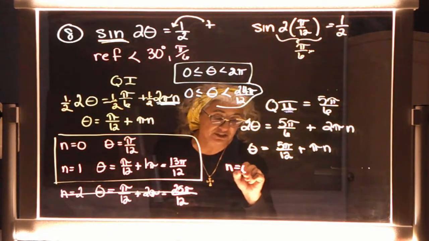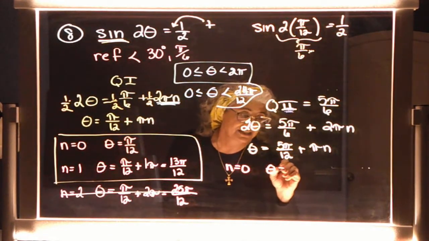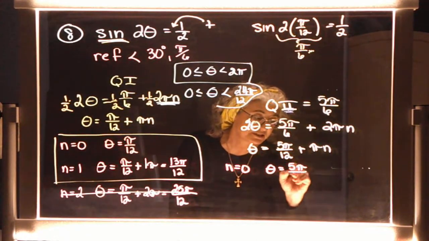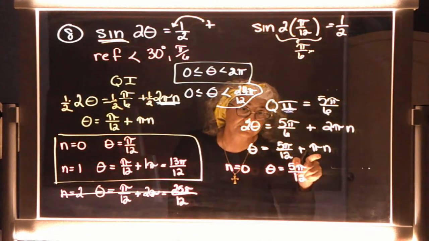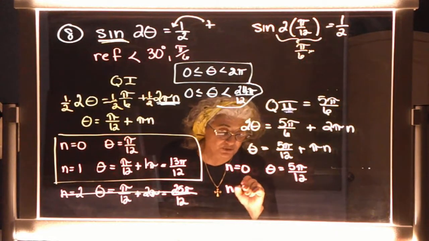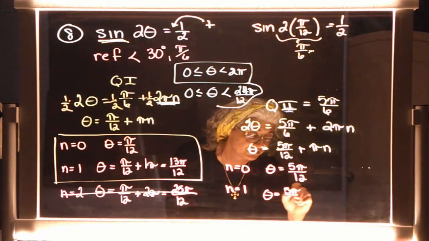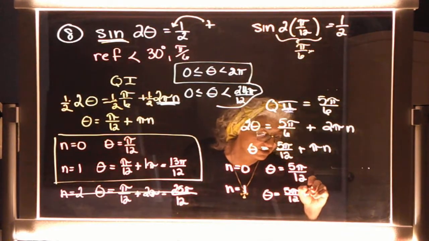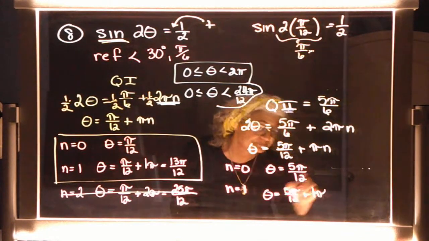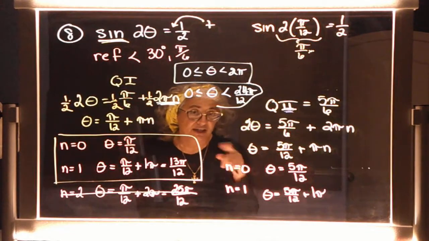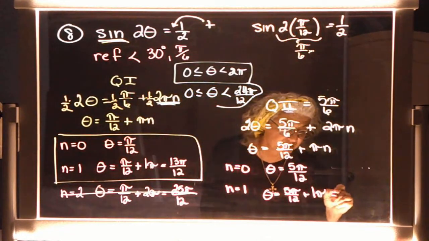If we're just starting around the circle, theta equals 5 pi over 12, doesn't it? Because this is 0. If I start moving once around the circle, theta is going to equal 5 pi over 12 plus 1 pi. Okay, you all do your addition, I'll do my addition.